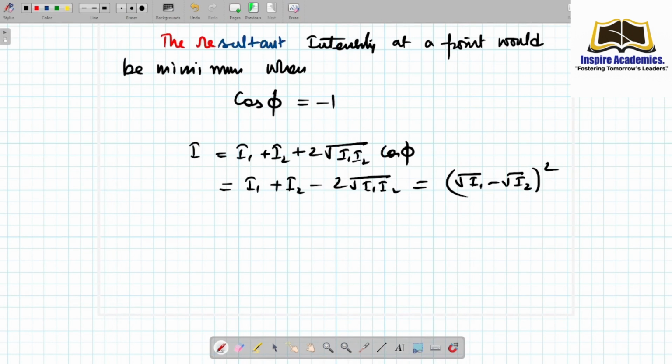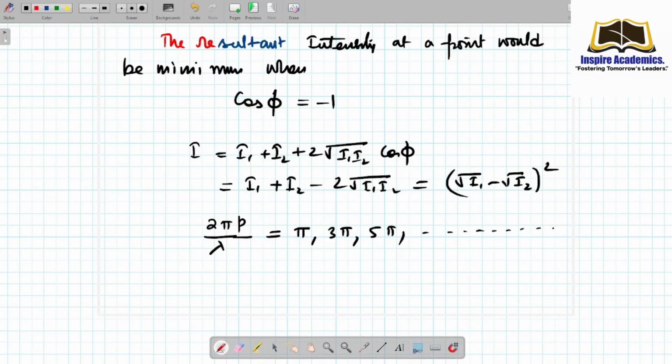When my cos phi is -1, what is the condition? 2 pi by lambda multiplied by path difference P should be equal to pi, 3 pi, 5 pi and so on.